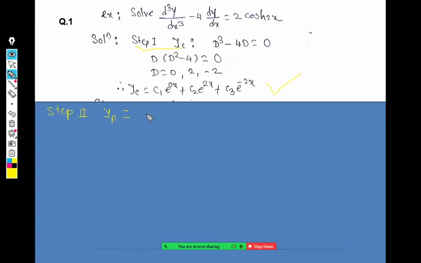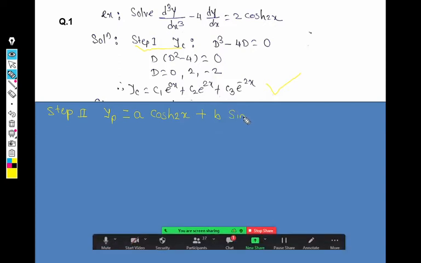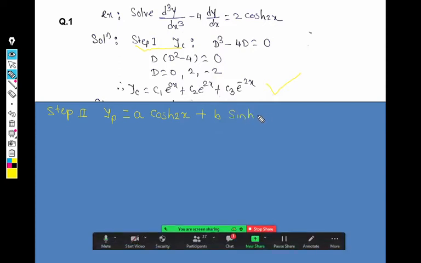So whenever a trigonometric or hyperbolic function is there, we generally write its corresponding yp as a times cos hyperbolic ax, in this case 2x, plus b times sine hyperbolic 2x. We do this only when it is a trigonometric or hyperbolic function.